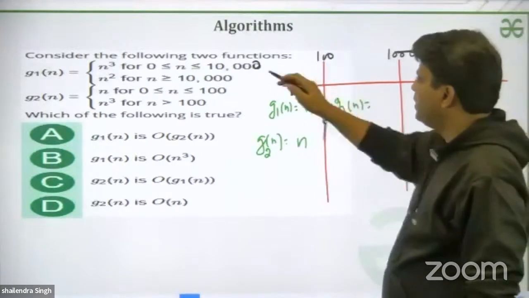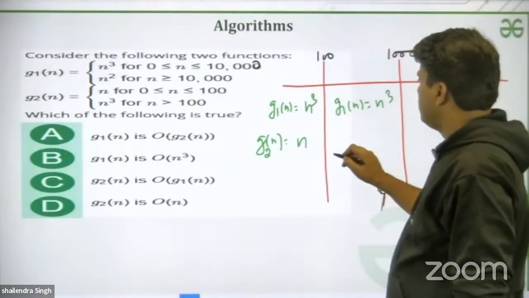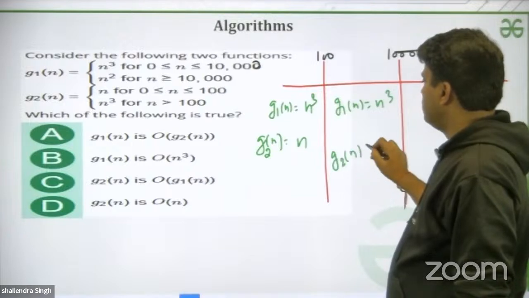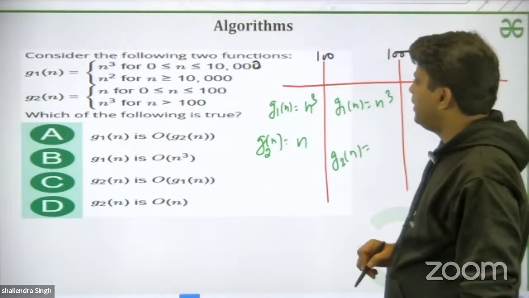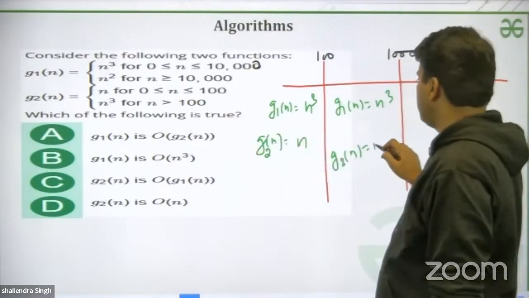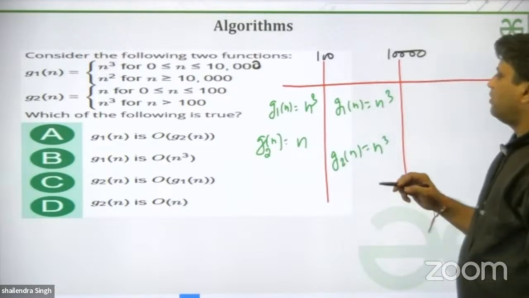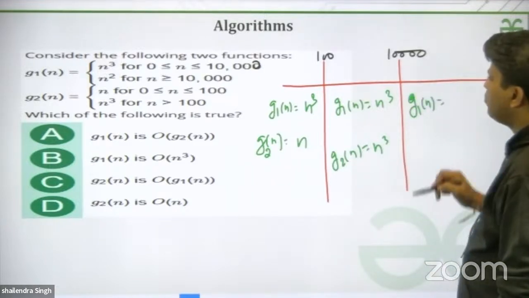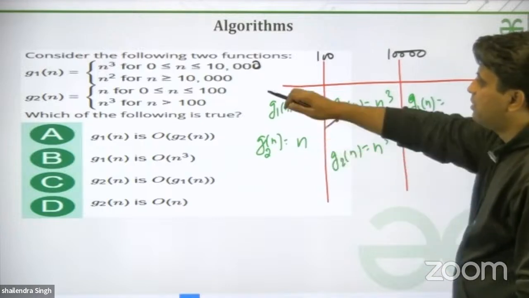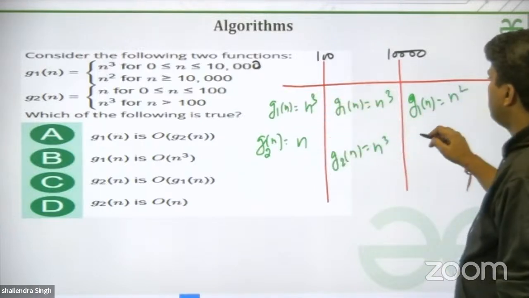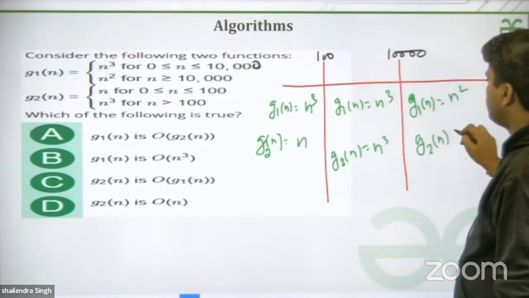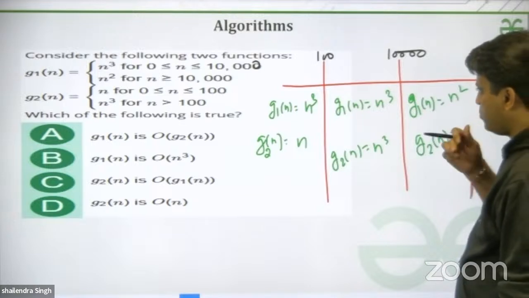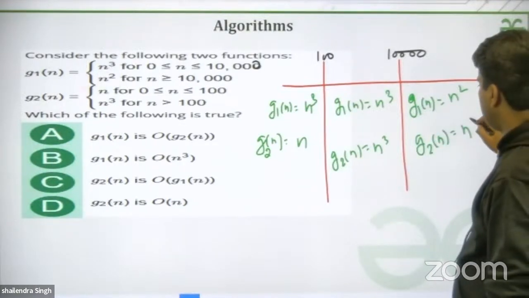G1n equals to what? 100 to 10,000 still NQ, and G2n equals to 100 to 10,000. This is NQ, and after this G1n equals to what? 10,000 से greater than, so this is n square, and G2n equals to greater than 10,000, so this is NQ.